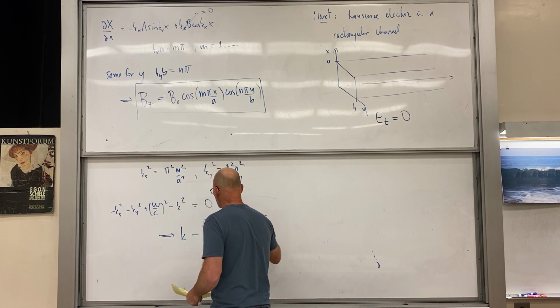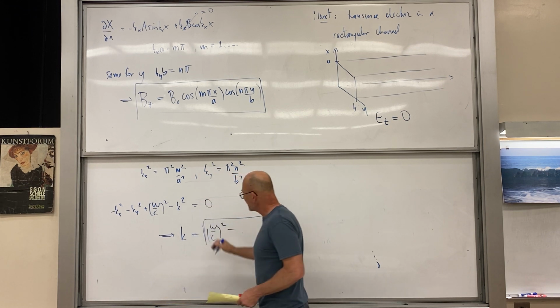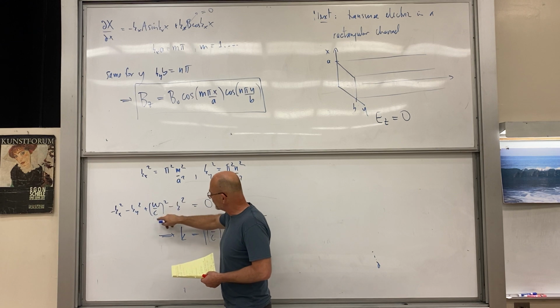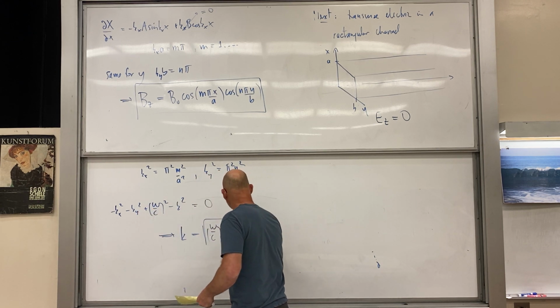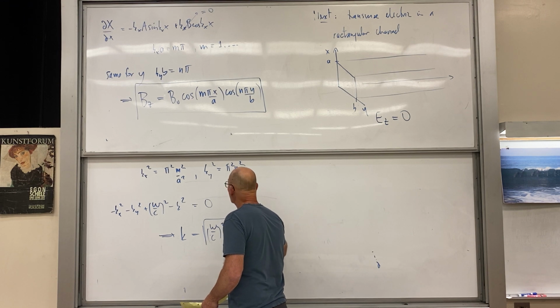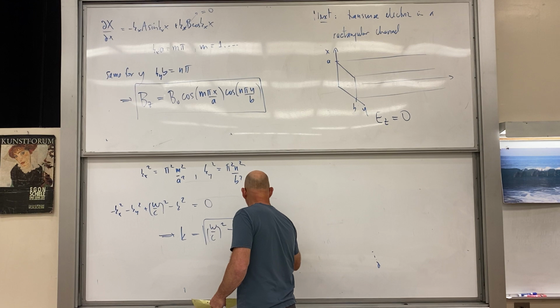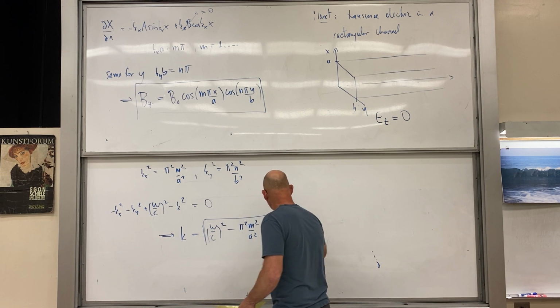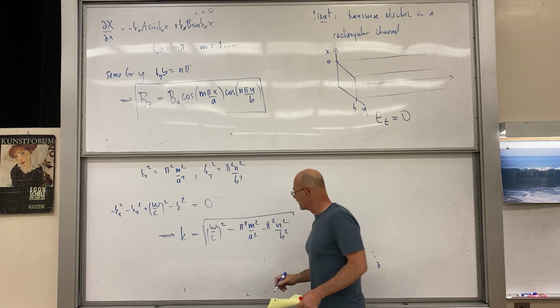We're going to have k equals the square root of omega over c squared minus kx squared minus ky squared, which were these things here, minus pi squared n squared over b squared. Okay. So there's our result.